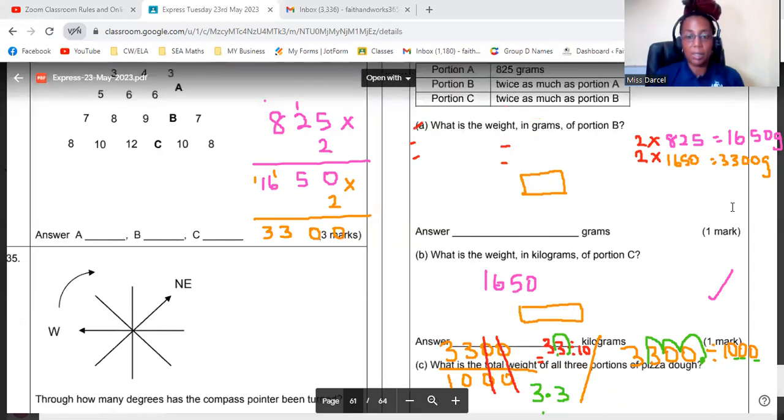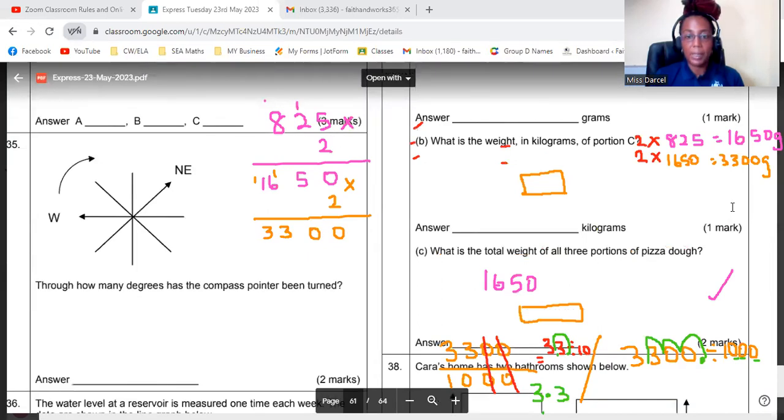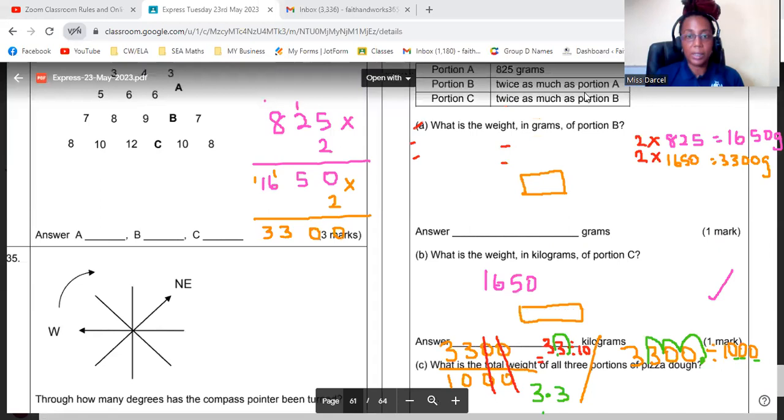Might have to clean this board up. Part C. What is the total weight of all 3 portions of dough? So this one is 825 grams. Okay. So let me erase some of this work so the board is clear.